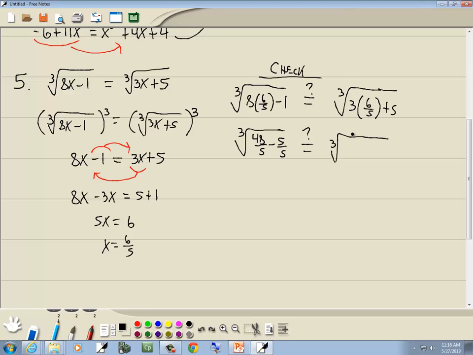And on this side, 3 times 6 is 18, so I get 18 over 5 plus 25 over 5. Well, 48 minus 5 is 43 over 5. And 18 plus 25 is 43 over 5. So it checks. So this is our answer.